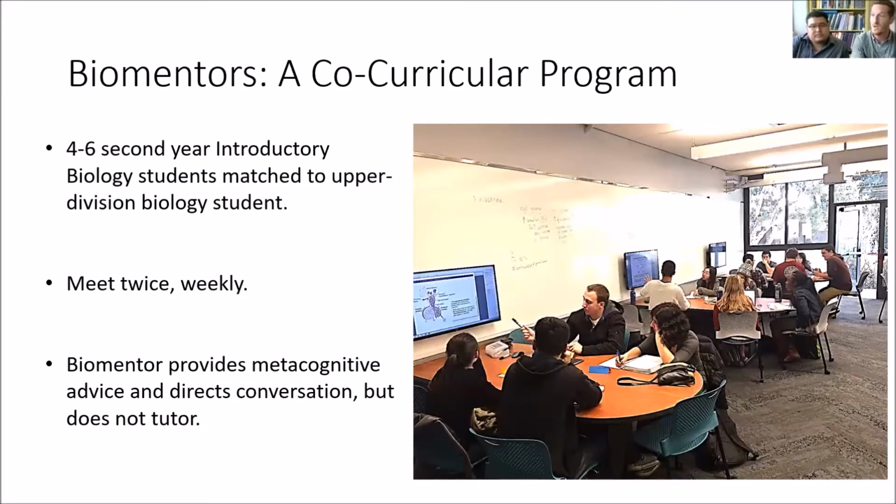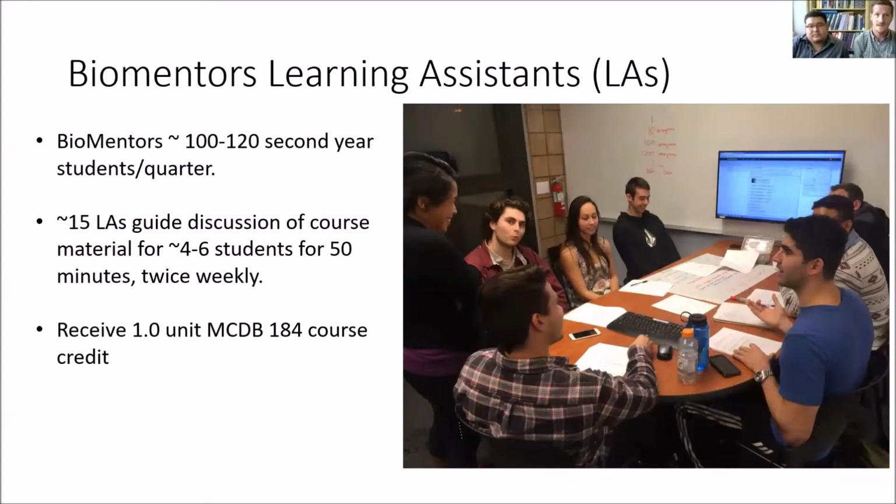In this picture, you have various BioMentor groups. There are 3 of them shown here with a range of students, and they'd be covering the course material that had been lectured in the class that week or was coming up. The program itself consists typically of about 100 to 120 second year students per quarter for introductory MCB1A and MCB1B. There are approximately 15 LAs per quarter.